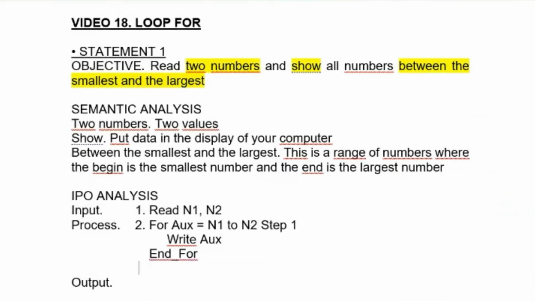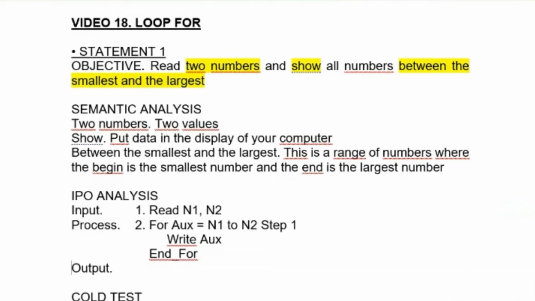Probably you say, and where is the increment of aus? It is automatic. Automatically, in the loop for, the variable increases its content.